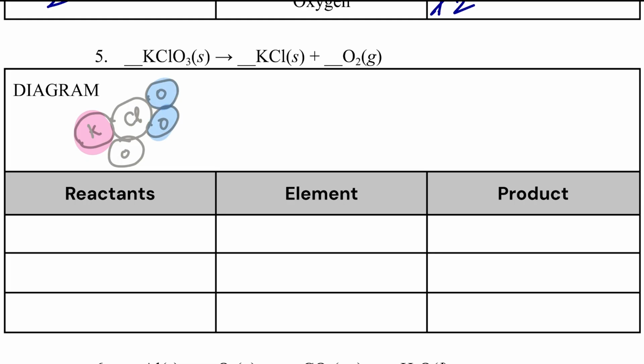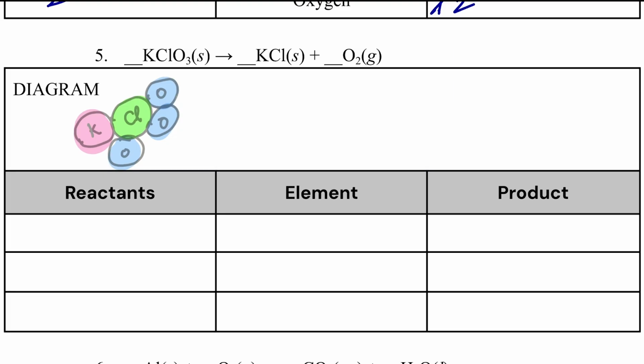And you don't have to pick those colors, but those are just the colors that I wanted to use for this time, okay? And so we've got potassium chloride as a product of the decomposition of potassium chlorate. So we're gonna draw our potassium chloride, and then we're going to draw our 2 oxygen atoms.